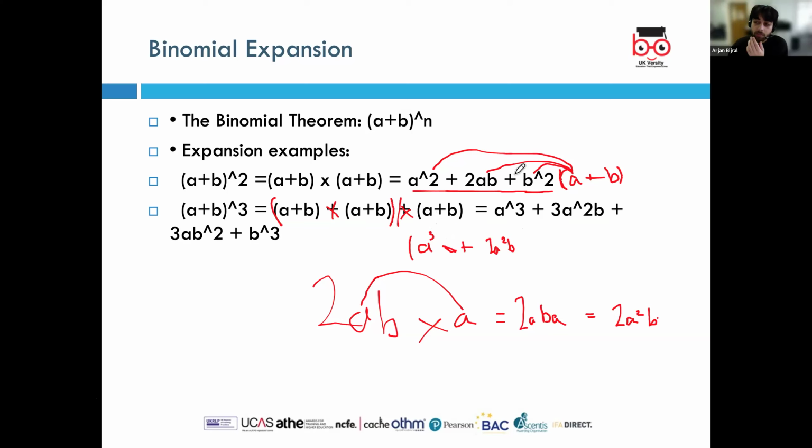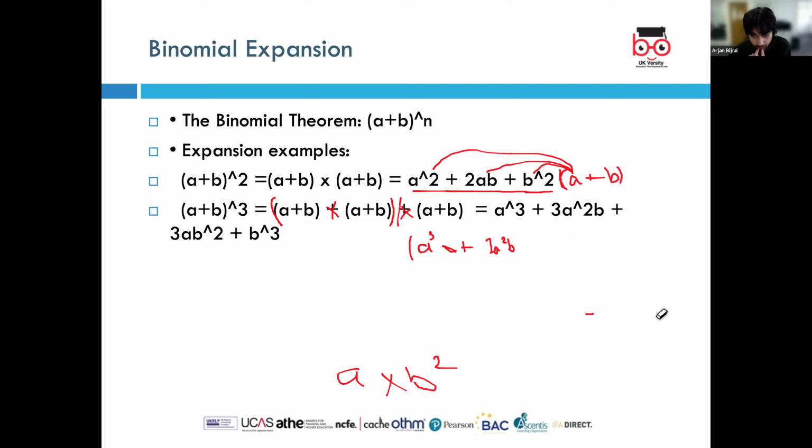Now, what do you think that would be? So A times B squared. So we've done obviously the first two, right? With the A. So now A times by B squared. It would be A times B, wouldn't it?